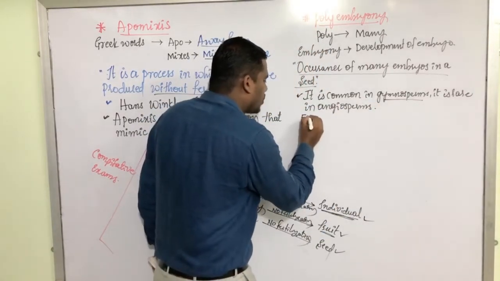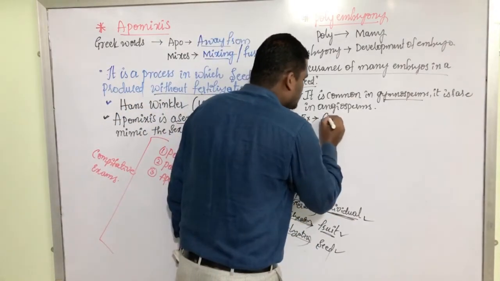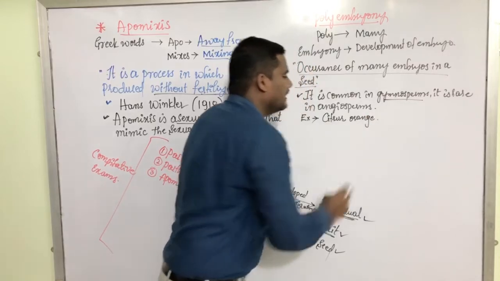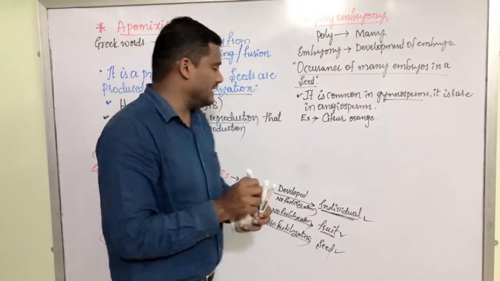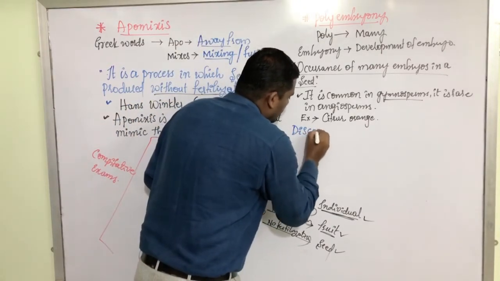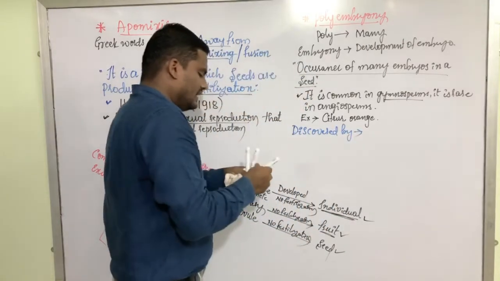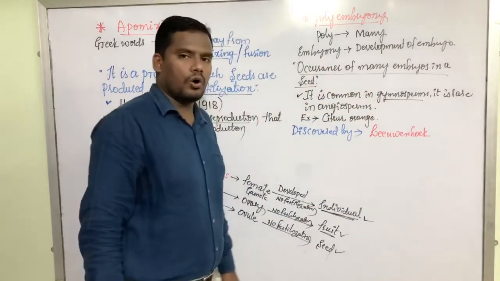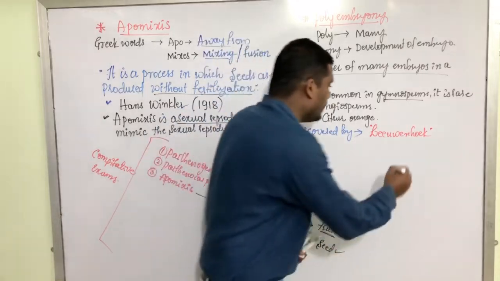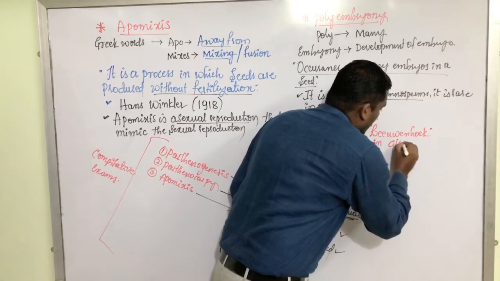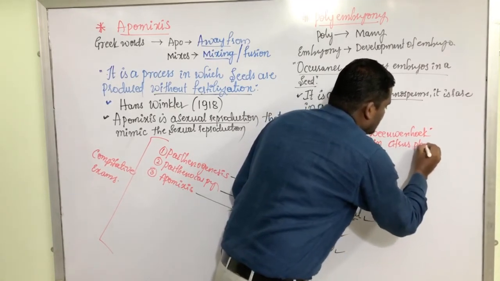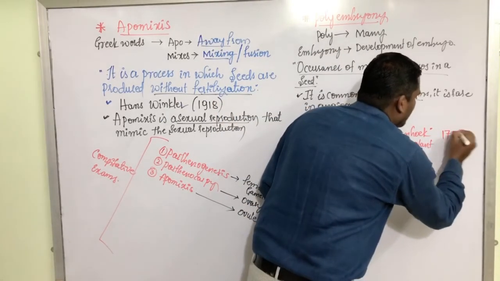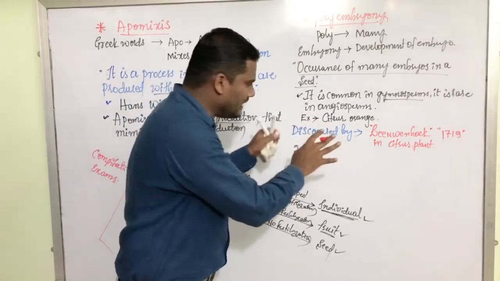The best examples we can quote for polyembryony are citrus and orange. Polyembryony was discovered by a scientist named Leeuwenhoek, who discovered it in the citrus plant in the year 1719.